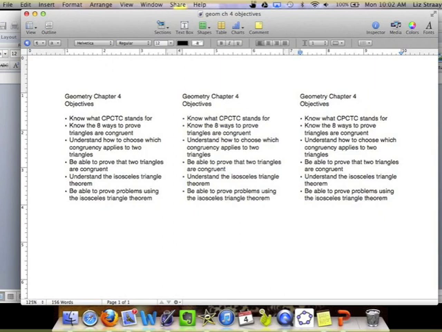So then the next one is really the bulk of the test right here. Be able to prove that 2 triangles are congruent. Okay, that's what we did in pretty much every one of the homework assignments. I should maybe have another bullet point in after this one that says something like, be able to prove parts of triangles are congruent by a CPCTC.